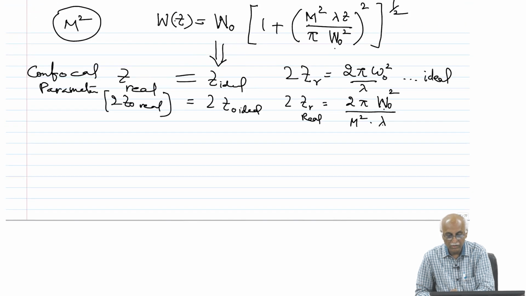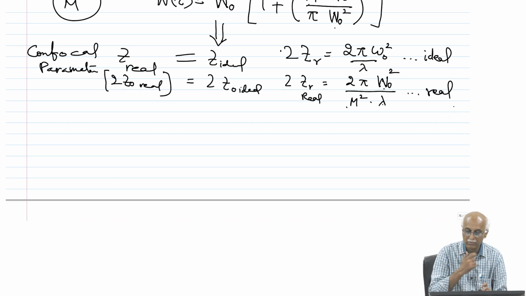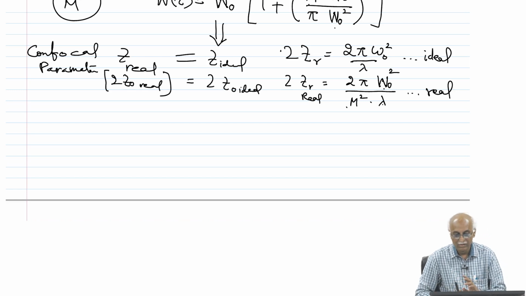So if I substitute M into small w0 instead of W0, M square will get cancelled. This is for the real beam. So both ways the confocal parameter will not change, however the beam divergence and beam waist will change. Please remember those aspects.